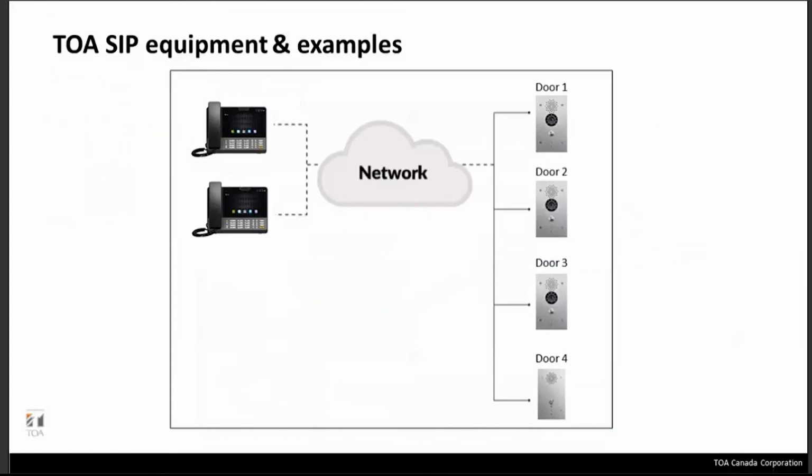This is one example where you have door stations like a warehouse system. If someone comes in and wants to make a call over SIP, this is a peer, or you can use the master station. If the door station makes a call and one is not available, it can easily transfer to another one. This is one of the SIP environments you can do.